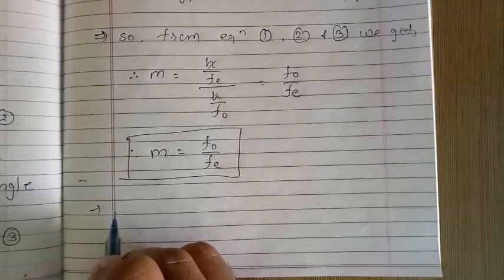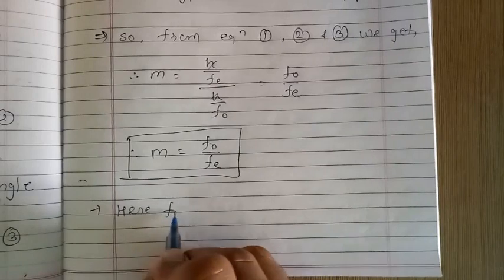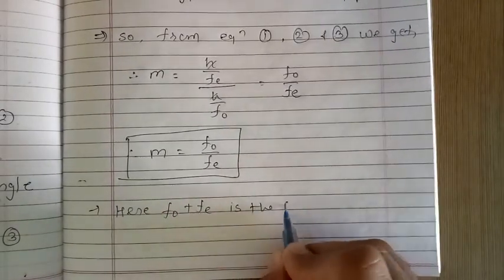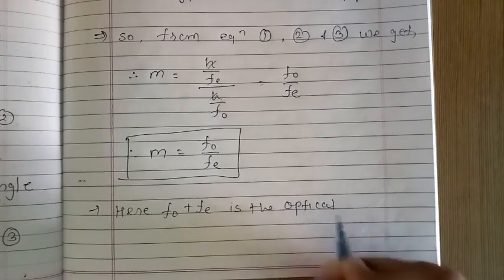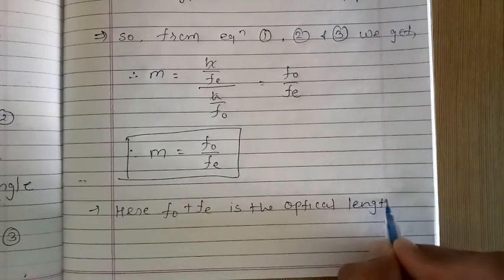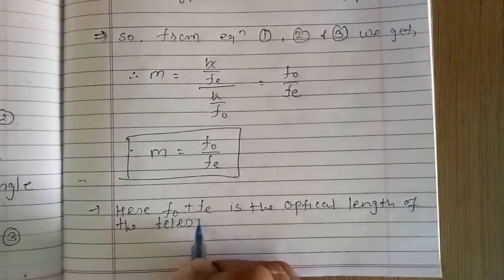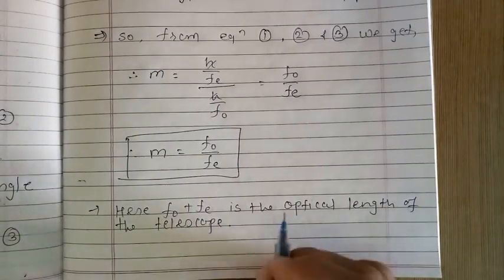And here Fo plus Fe is the optical length of the telescope.